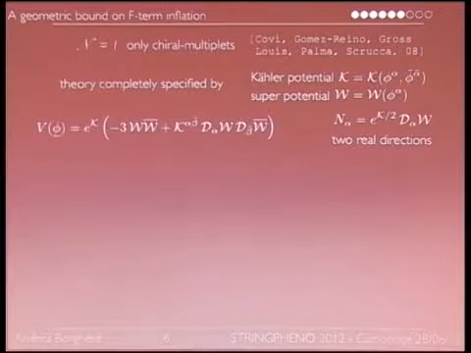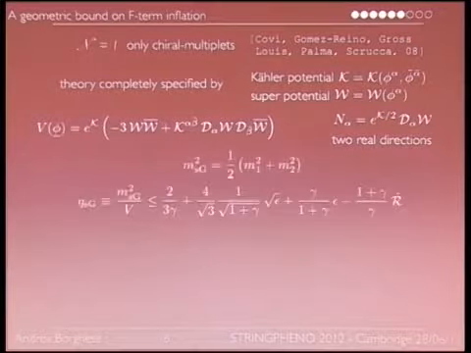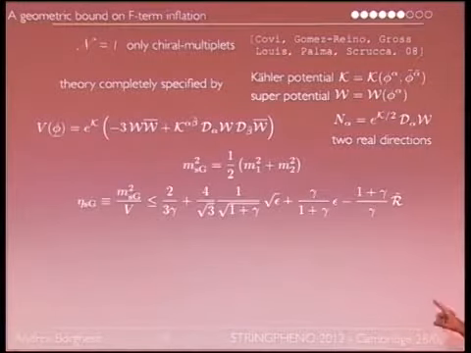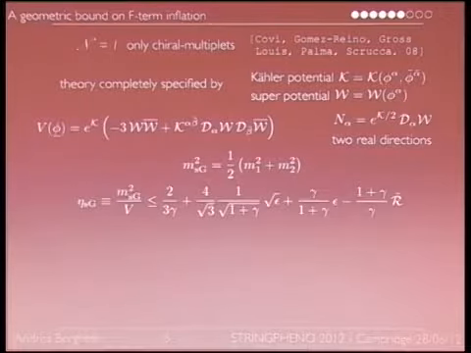Yes, that's the scalar potential. And we took an average over the two sgoldstino masses. So we projected the mass matrix coming from this scalar potential with those directions. And we took the average over these two masses.